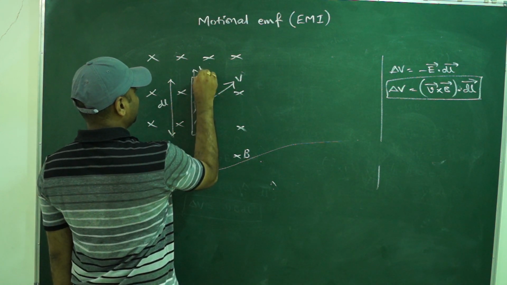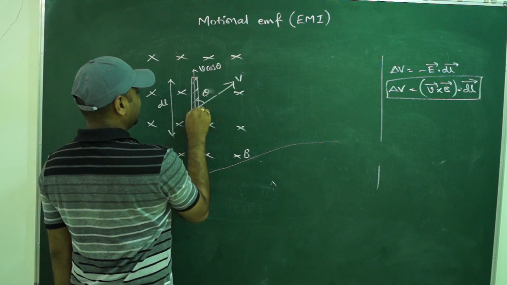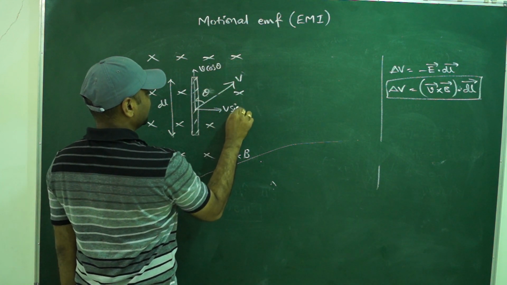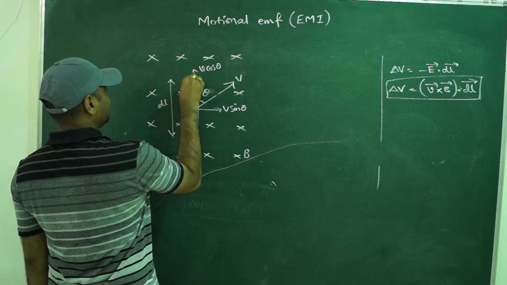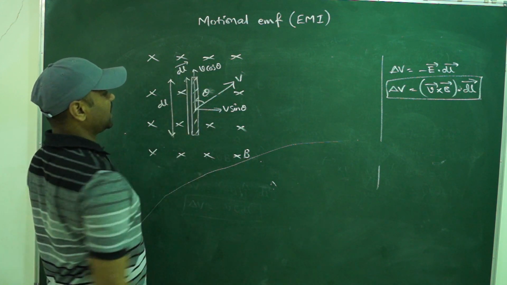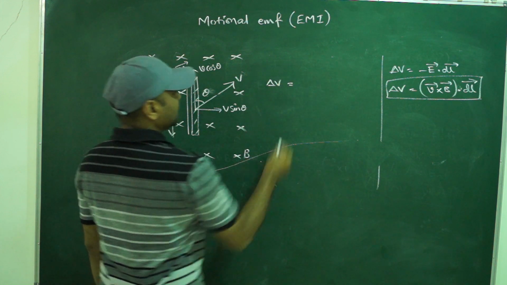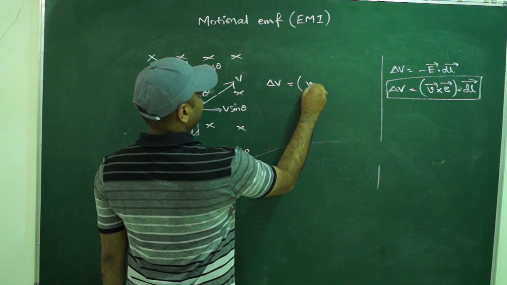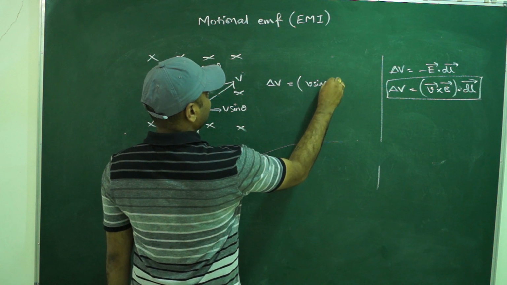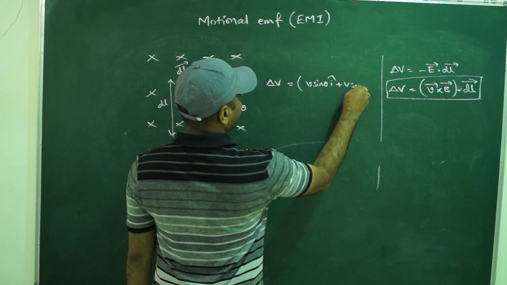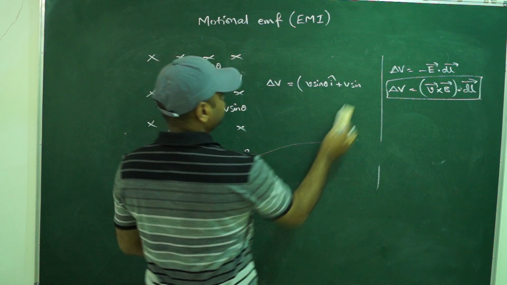I can write down two components here. This is V cos theta, one component. Other component is V sin theta. And I am taking the dl vector also in the upward direction. Then delta V is equal to V bar, which is nothing but V sin theta i cap plus V cos theta j cap.